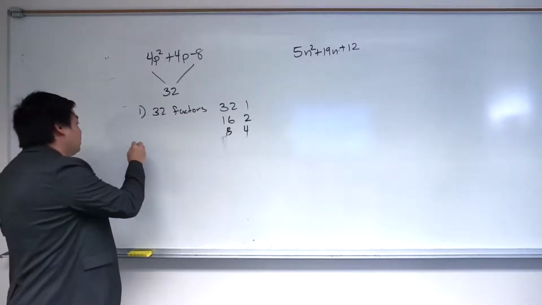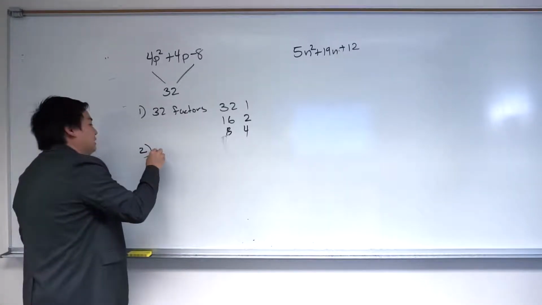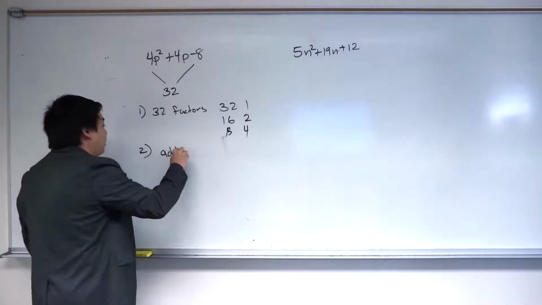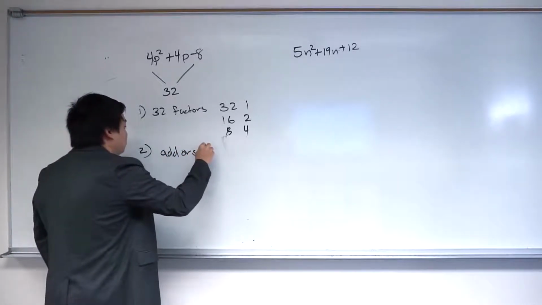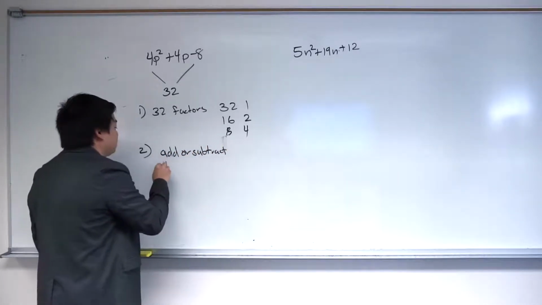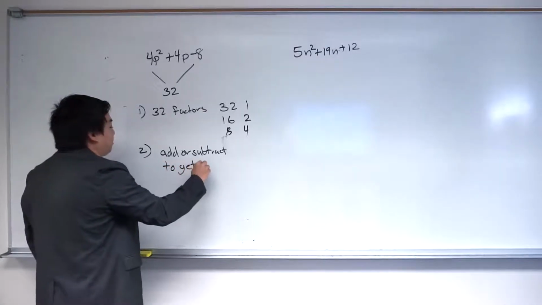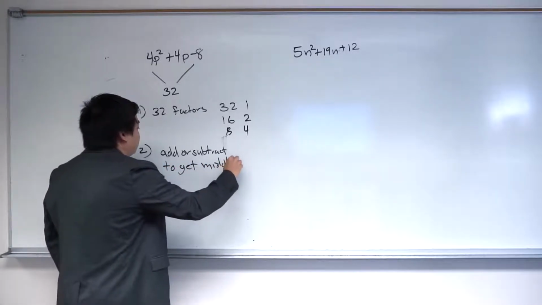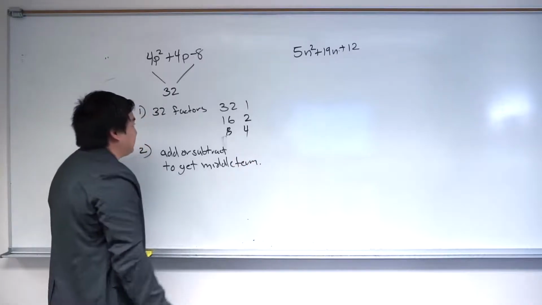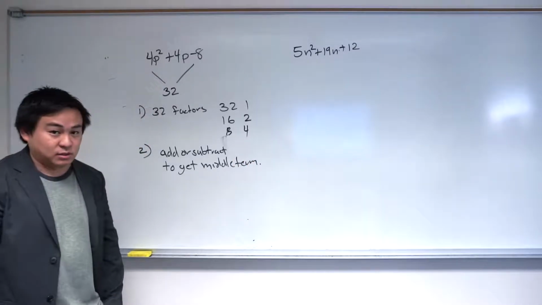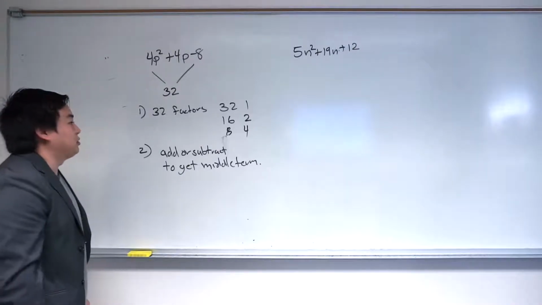And the goal here is to, again, add or subtract to get the middle term. It doesn't matter if the middle term is positive or negative, you still add or subtract them to get the middle term.